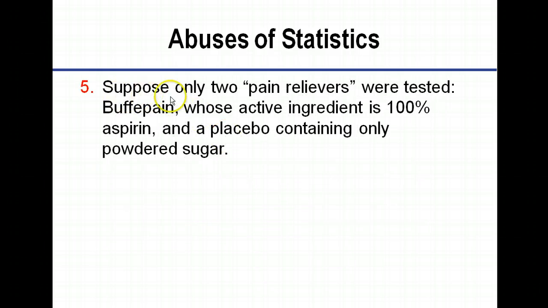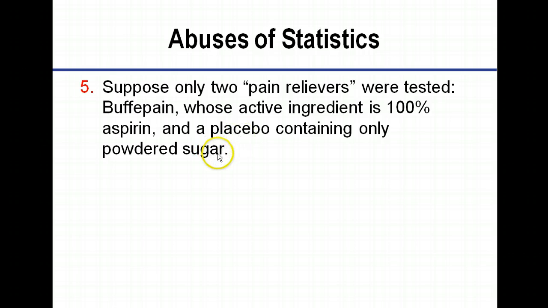Lastly, suppose only 2 pain relievers were tested: Buffepain, whose active ingredient is 100% aspirin, and a placebo containing only powdered sugar. So if an experiment were conducted and patients were asked to take Buffepain for a headache and then later asked to take another pain reliever, but they didn't know it was a placebo, of course the responders are going to say Buffepain handled the pain better than the placebo did, because the placebo doesn't have any aspirin in it.